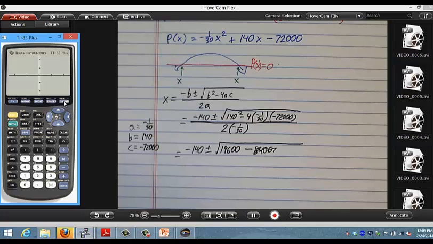Oh, wait a minute. We should change the window. What should I change my window to? Well, they told me, right? They said 0 and 200 is what the thing is valid for. So I'll put a mark every 100 so we can see how many swings we're making. And now Y min and Y max, well, what I'm really interested in is where the profit hits 0, right?